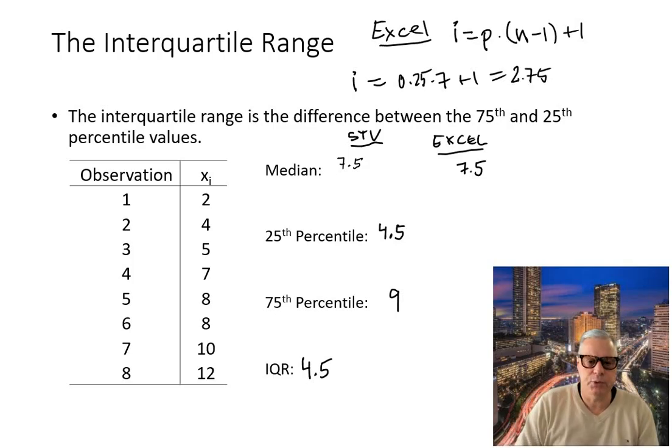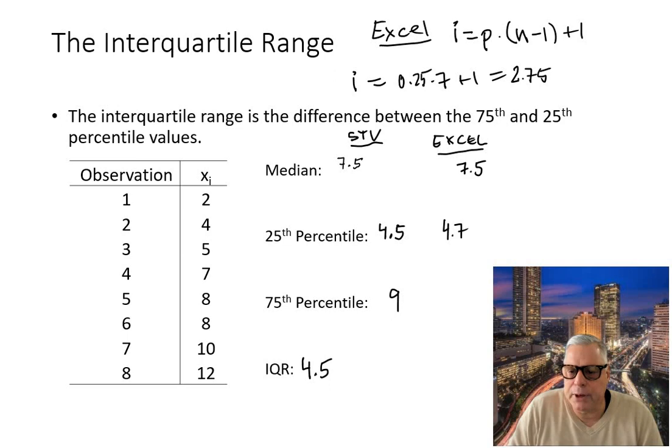So that means we will go to the second index value, 2, and then we take another 75% of the difference between the second and the third. So that would be 1. So the second index number gives us a 4, and then plus 75% of the difference. So Excel would return 4.75.